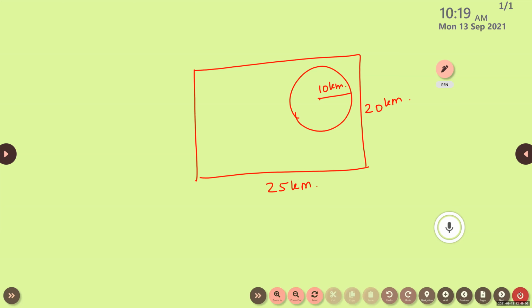Listen to this question. Inside the jungle, you can see one lake. The shape is a circle whose radius is given as 10 centimeter.